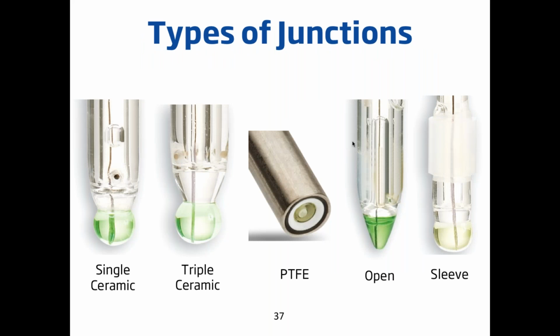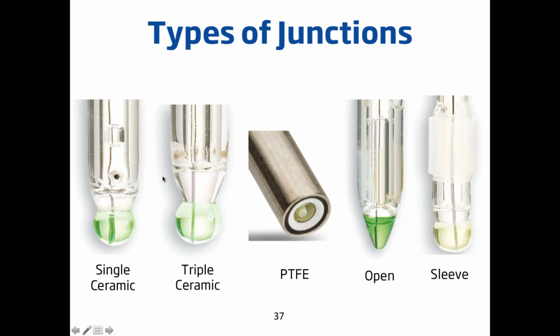Another extremely important electrode characteristic in the food industry is the type of reference junction. So, pH electrodes work with a sensing glass on the outside and a reference potential which is generated on the inside of the electrode. There is a junction or salt bridge that connects those two potentials. For most standard electrodes, again, this is just a tiny single ceramic frit.